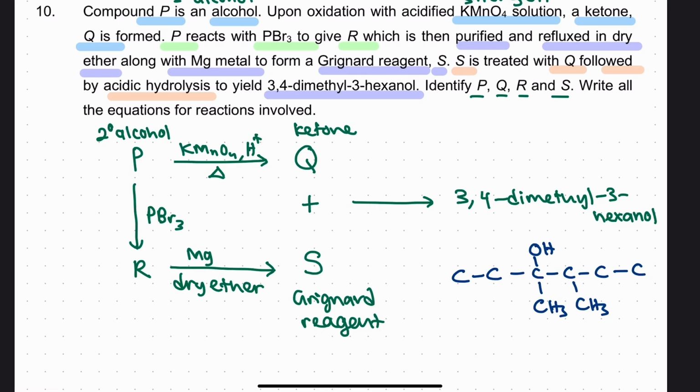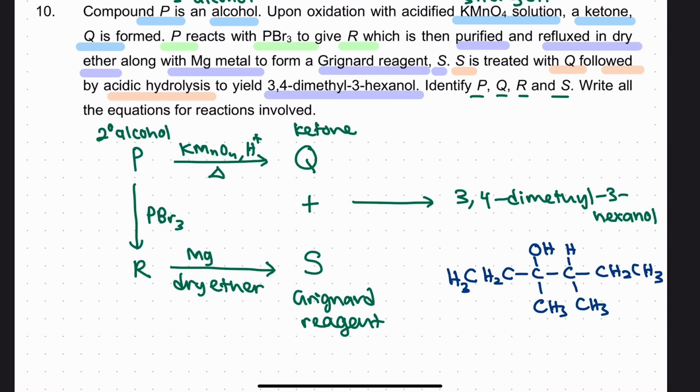The remaining, you can condense it. So I'm going to erase. We have a CH2CH3 in front and a CH2CH3 at the back. So let's combine them. This is the structure of 3,4-dimethyl-3-hexanol.